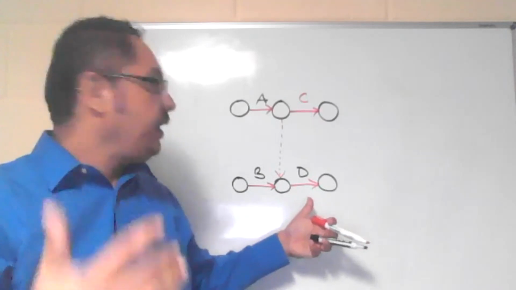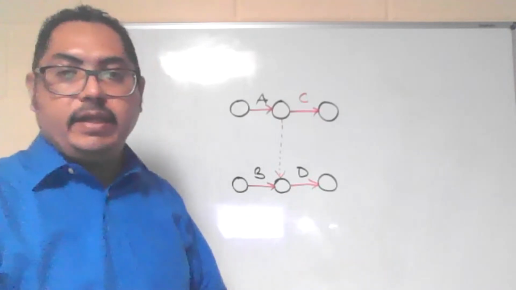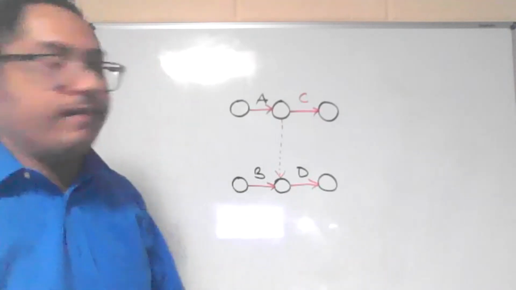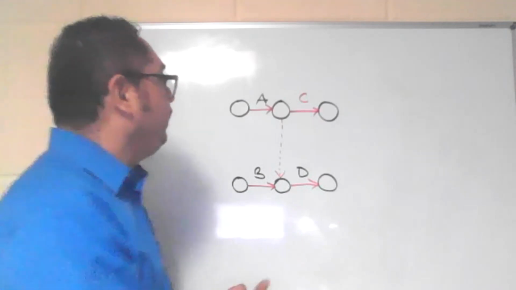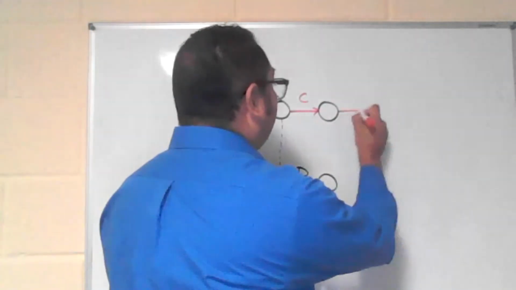Let's look at activity E. Activity E can start immediately after completing activity C. So we have the arrow.